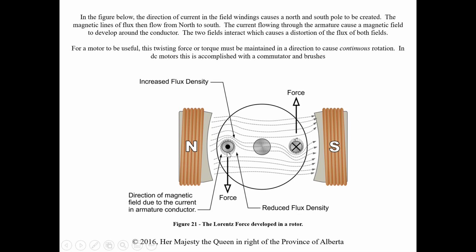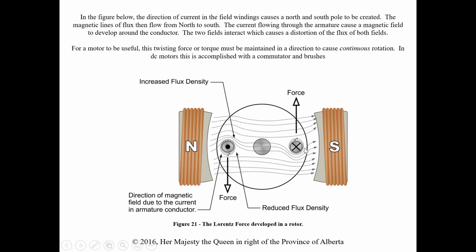Here it's canceling out, but here it's aiding, if you will. So we have a stronger magnetic or an increased density here of lines that's going to want to try and push this down this way. And at the same time, it's happening over here just the opposite way because the current's going the opposite direction, which is going to push the force, is going to try and push it up.